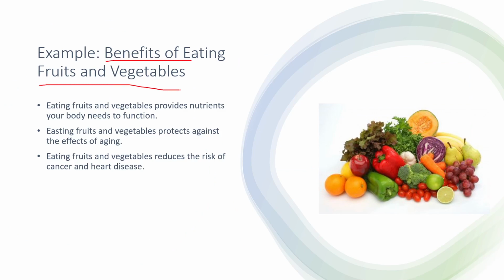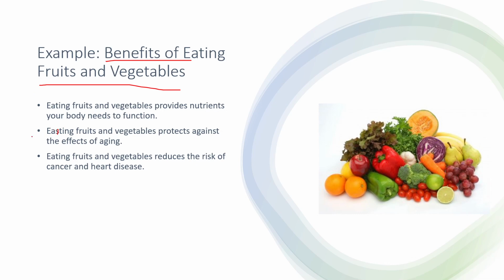Okay. So let's take that we have 3 main points in our body, which we actually, in summary form, talk about in the opening. Let's say these points are: 1, eating fruits and vegetables provides nutrients for your body to function.